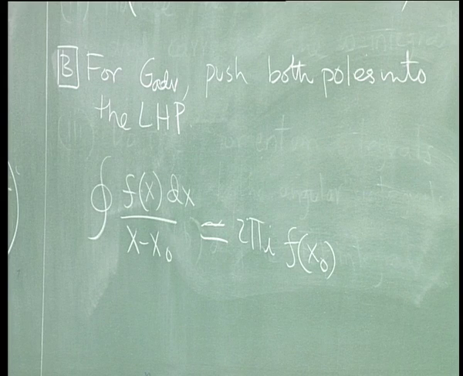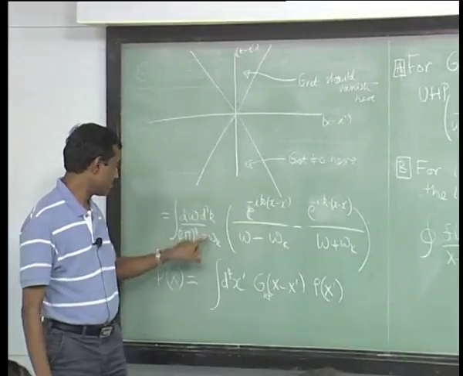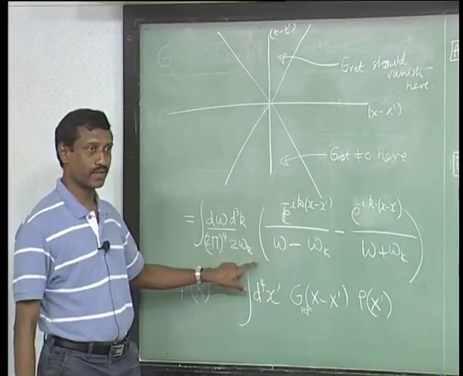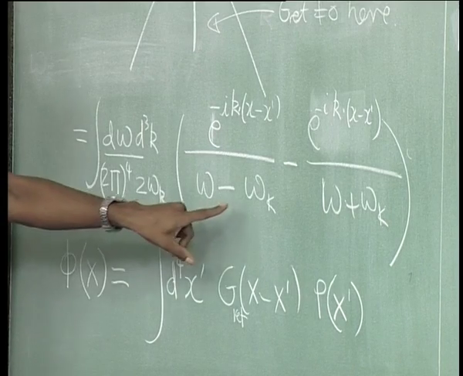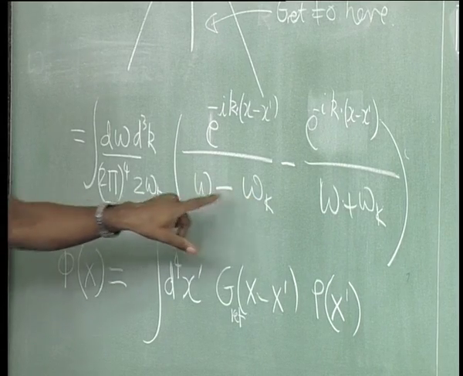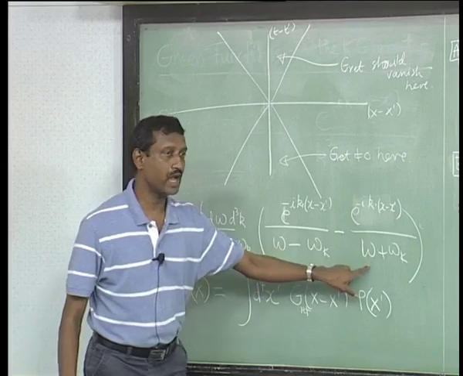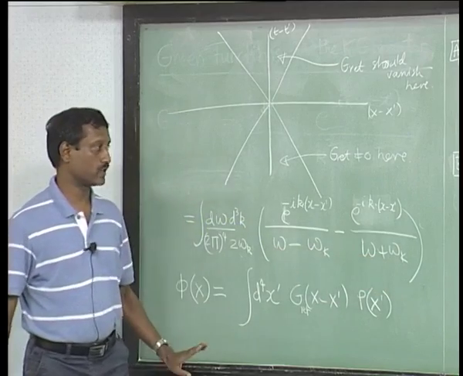Okay. So let us see what is the analog of f of x here. It is e power minus i k dot x minus x prime times this, 2 pi power 4, omega k. So the residue will just tell you to replace whatever is the value of omega. For this pole I would put omega equal to omega k, but for this one I would put minus omega k. That is all I have to do.